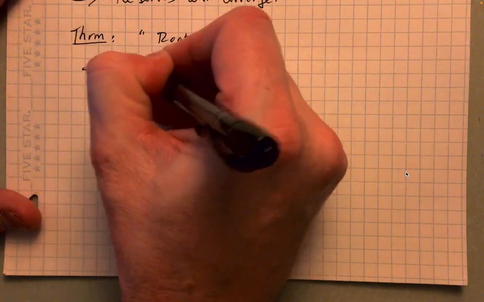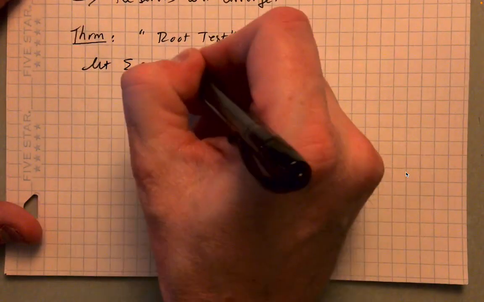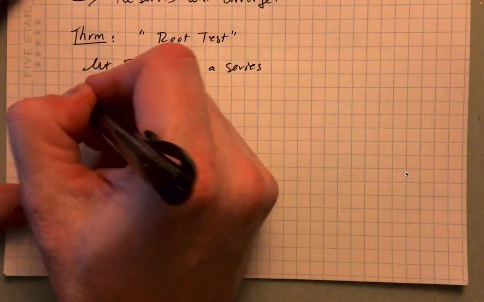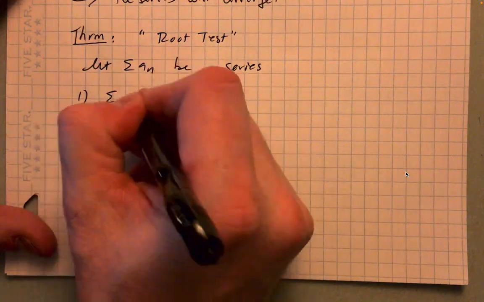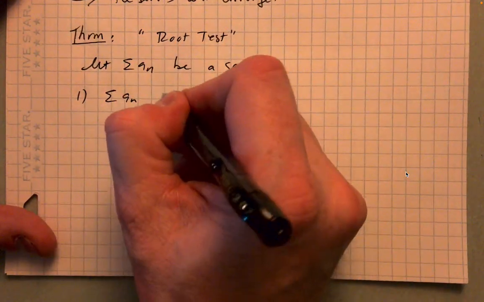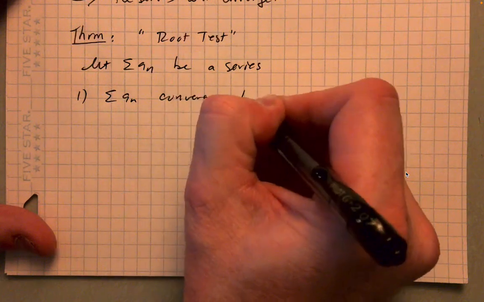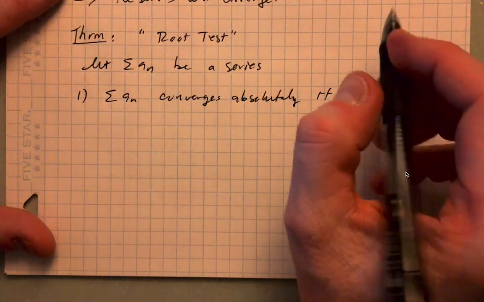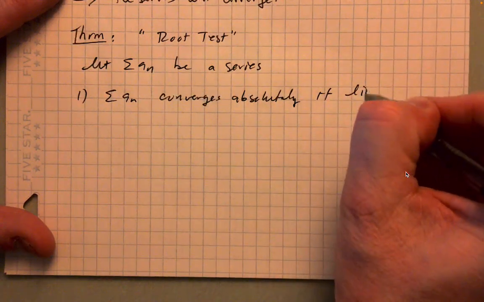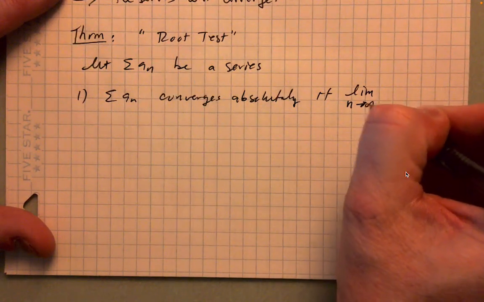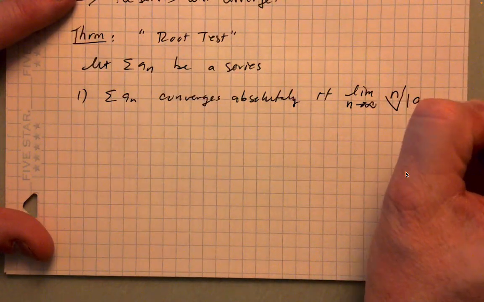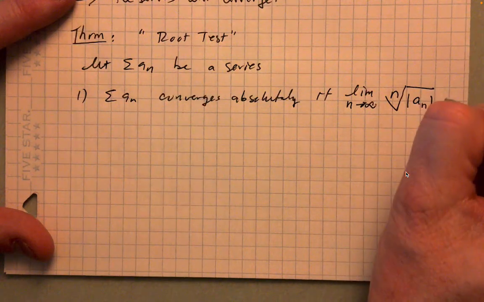Okay, so here's the root test. Let the sum of a of n be a series, any series. Then we've got the following conditions. The sum of a of n converges absolutely if the limit as n goes to infinity of the nth root of the absolute value of a of n is less than 1.